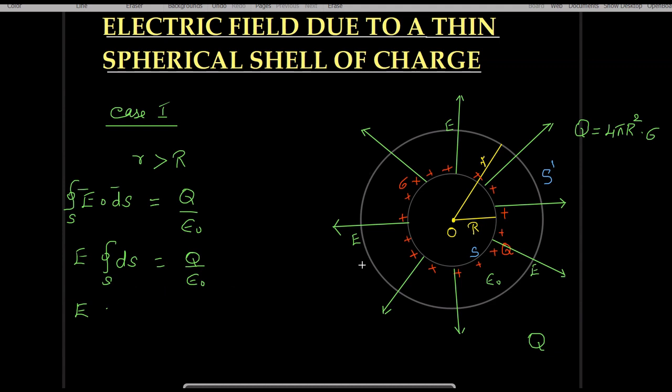E into the total surface area of the Gaussian surface S dash, which is equal to 4 pi small r square, equal to, substituting for Q, 4 pi capital R square into sigma divided by epsilon naught.